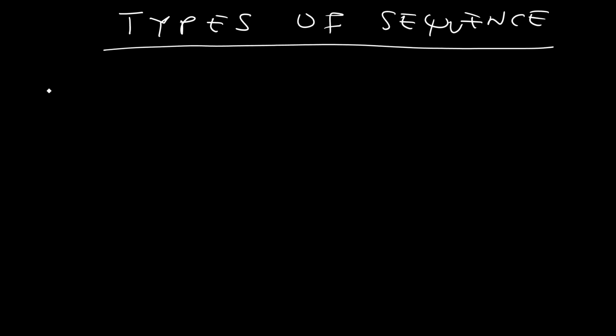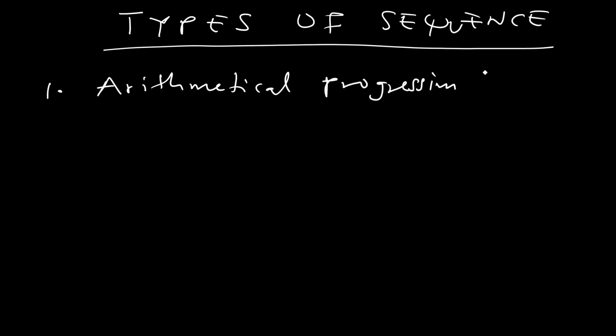Now we have two types of sequence. The first one has to do with arithmetical progression. We use AP for it as a shortcut. So AP is the same as arithmetical progression. They also call it a linear sequence.